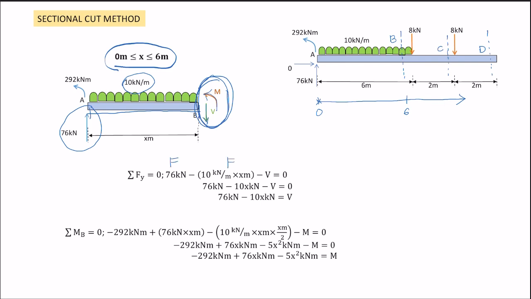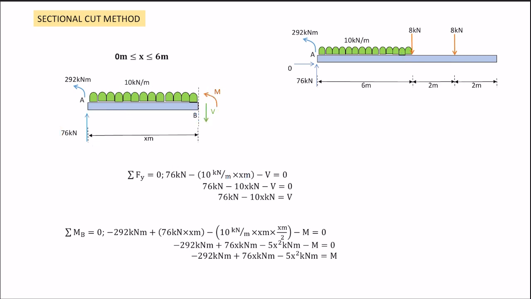Ini pun force. Okay, sebab meter pangkah-pangkah dia akan jadi kilonewton. Then you have last kali V turun ke bawah, so minus ya, negative. Then kita calculate, simplify, we get V is 76 kilonewton minus 10x kilonewton.